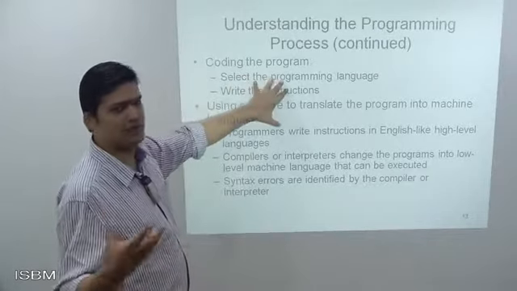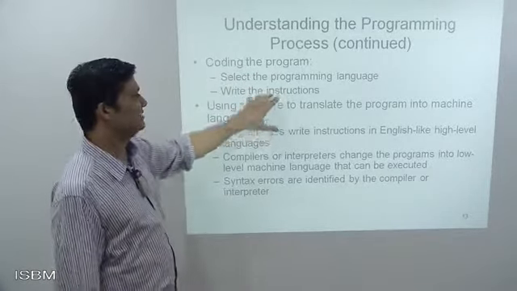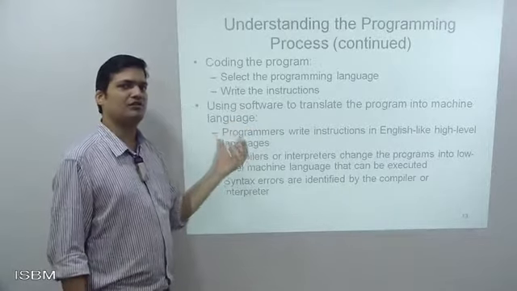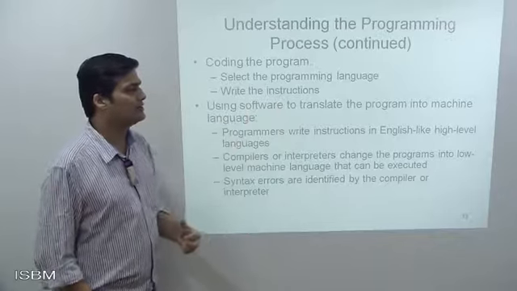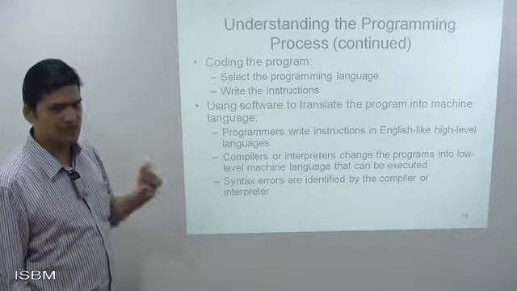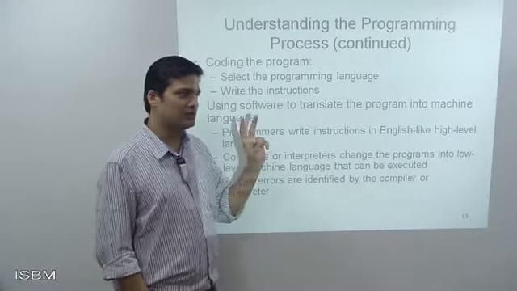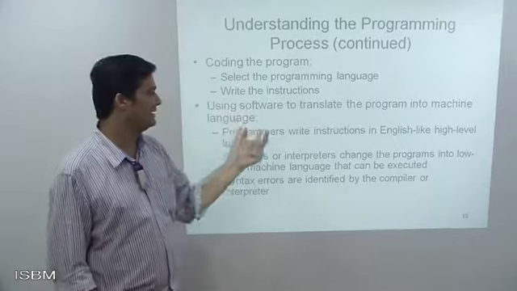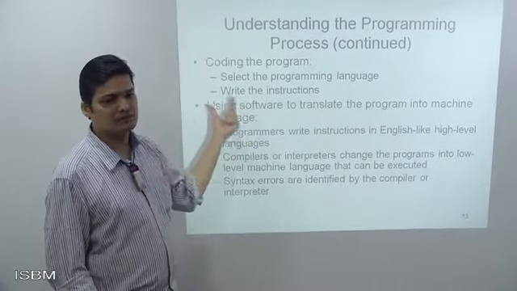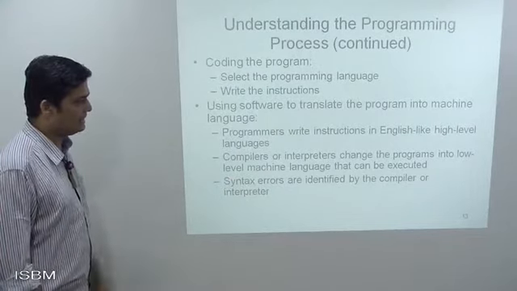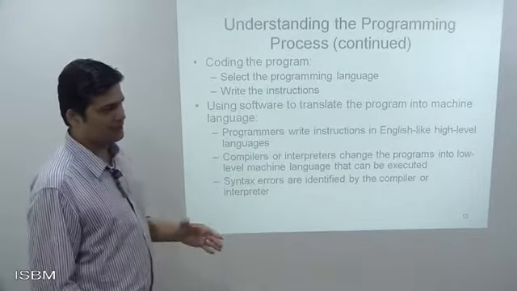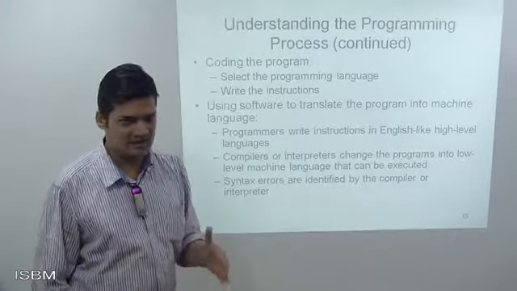So select a proper programming language and write the instructions in that language, whether C, C++, Java, .NET, whatever. Then software translates the program into machine language. I have told you there are two things, the compiler and the interpreter, which do this task. Programmers write instructions in a high-level, English-like language.